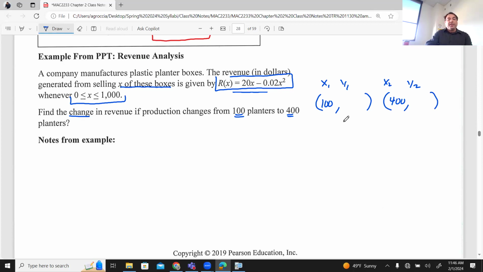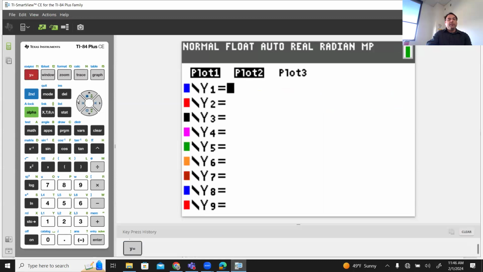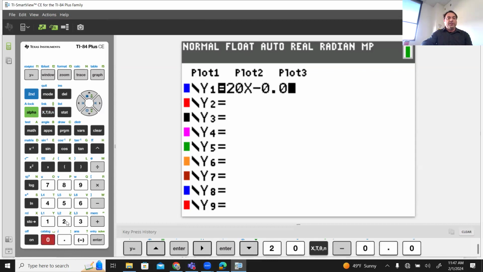Plug it in. So again, using our calculator, we go to y equals. I'm going to make sure my plots are off and everything's off so I don't have any weird things going on. I'm going to put in y1, the revenue. The revenue was 20x minus 0.02x squared.